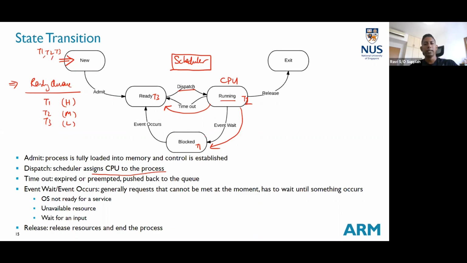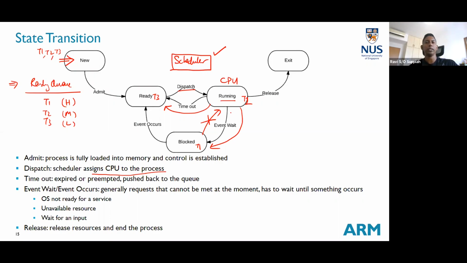You can see here, there is never an arrow from block to running, because only the scheduler has the power to authorize who can run. A task cannot decide by itself that it wants to run. The OS can only change the state of a task to tell the scheduler whether it has the resources to run or not.